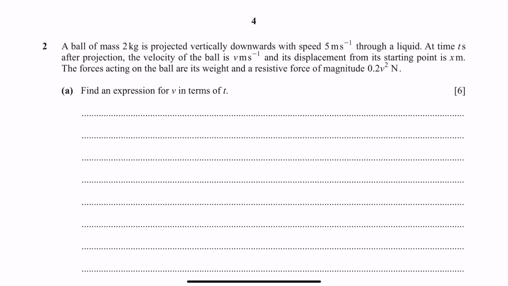Question 2. We have a ball with mass 2 kg projected vertically downwards with speed 5 meters per second. So this would be the initial speed, the velocity of the ball is v and the displacement is x. We need to find an expression for v in terms of t.